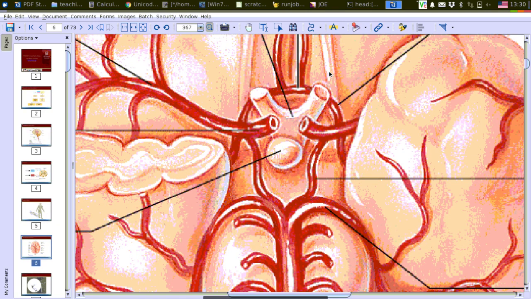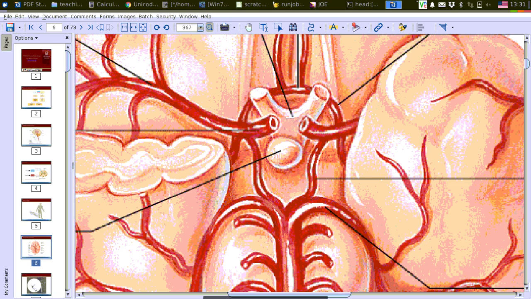So the circle of Willis is right here. So if you follow the cursor, you will see that I'm following the path of the circle of Willis, which forms a complete circle. So if you were small enough to walk inside the blood vessel here, you'd be able to walk all the way around.